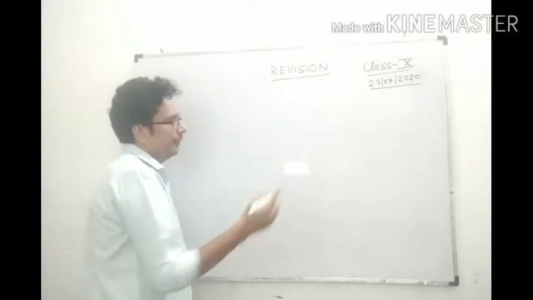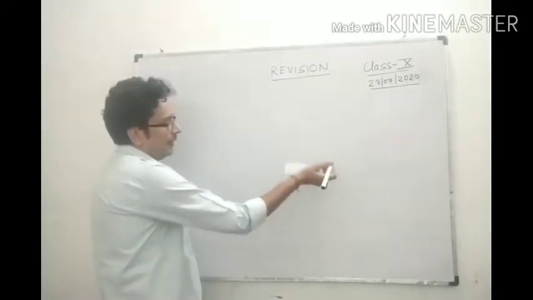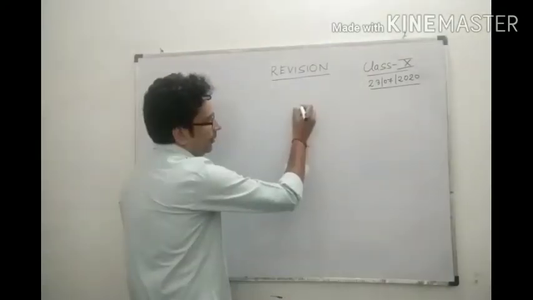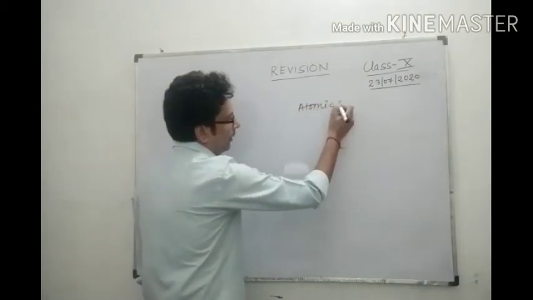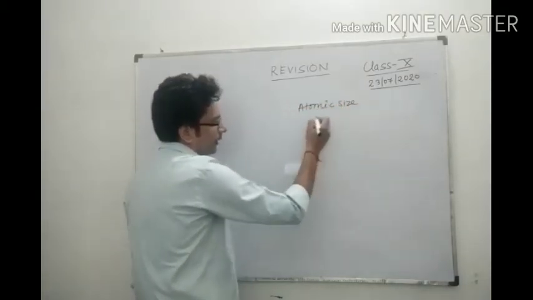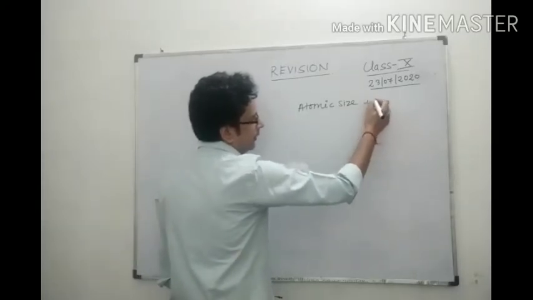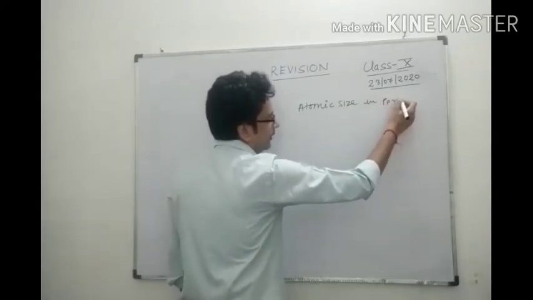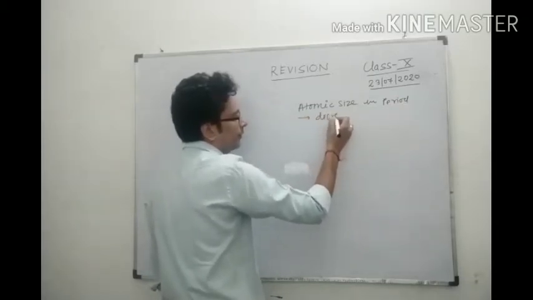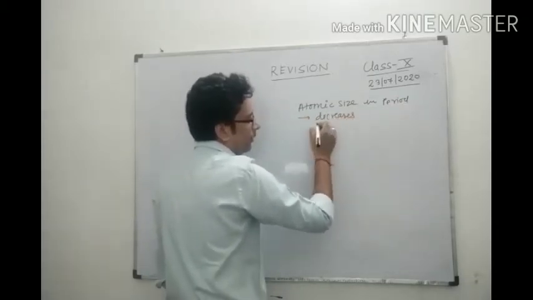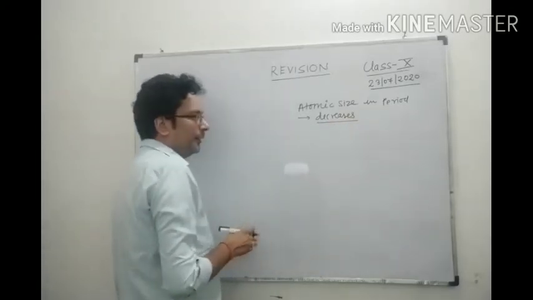Now your first chapter, periodic table. Atomic size, all of you know very well. Atomic size in a period decreases.